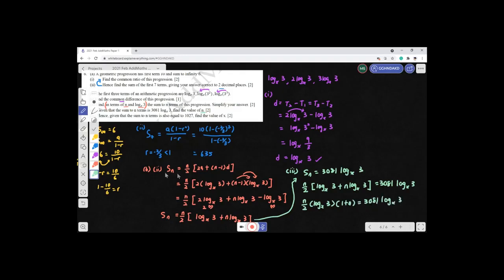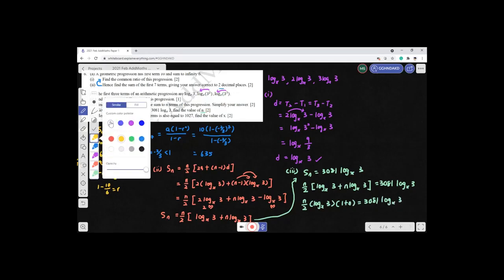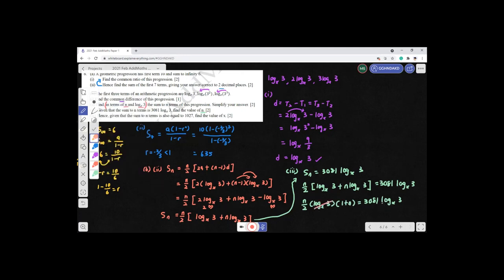So from here, basically, I can continue to solve. I cancel log x cubed on both sides, and I will be left with n over 2 times 1 plus n equals 3081. I bring the 2 to that side and I expand here: n plus n squared, because n times 1 and n times n.